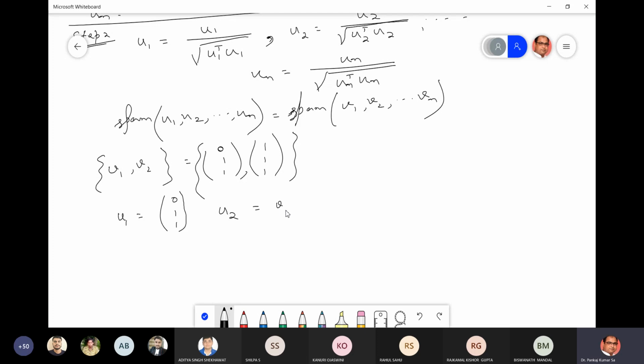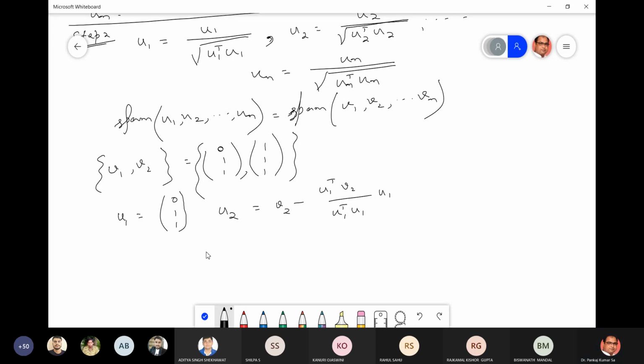u2 is equal to v2 minus u1 transpose v2 upon u1 transpose u1 times u1.